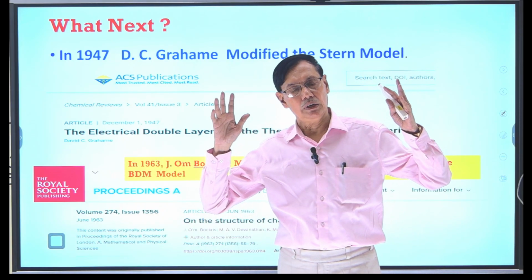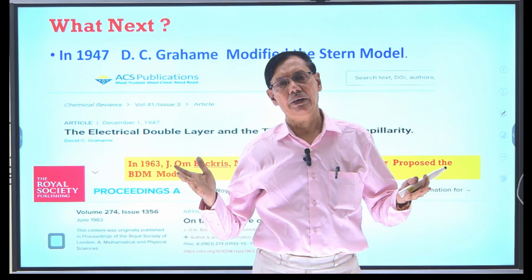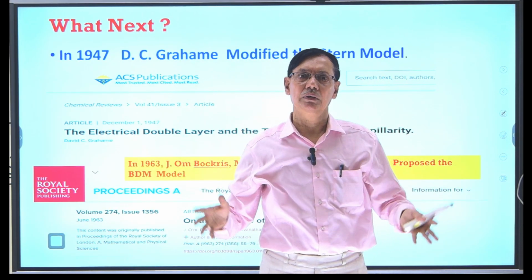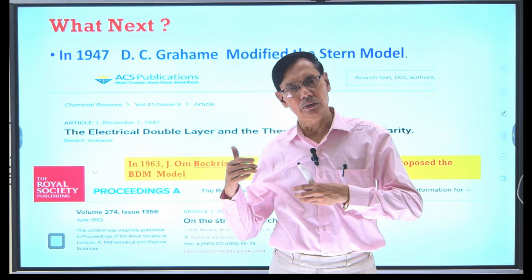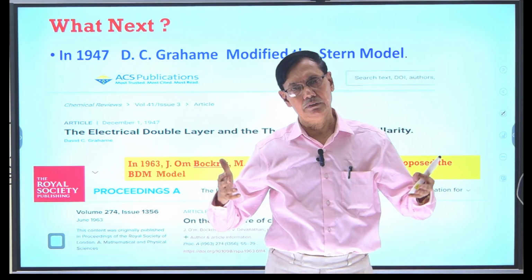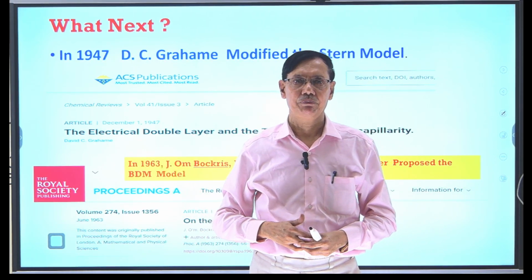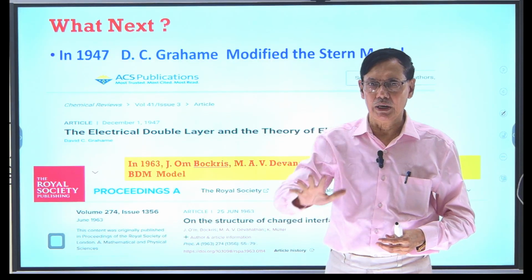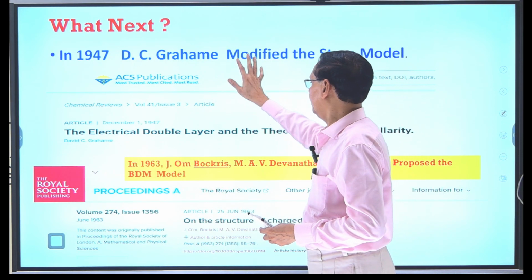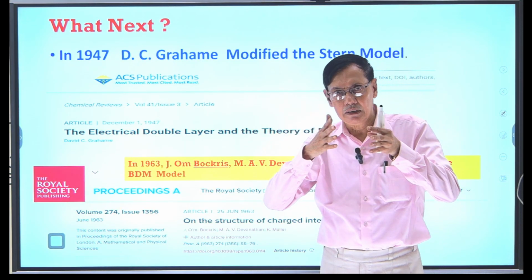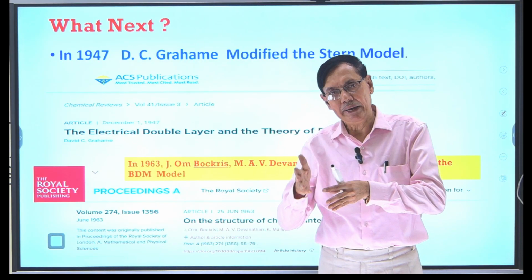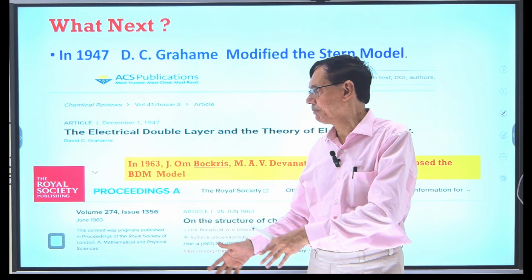Because Stern, Gouy and Chapman, and Helmholtz proposed this theory, but now people are using these theories for applications in electrocatalysis and electrochemistry. This is not your course, so don't worry about this Graham modification, because they consider the inner Helmholtz plane as well as the outer Helmholtz plane.